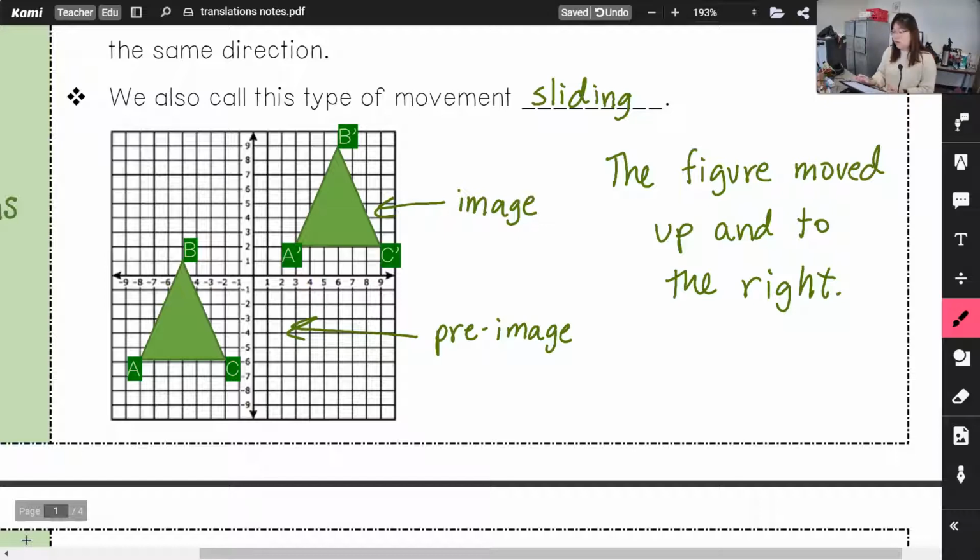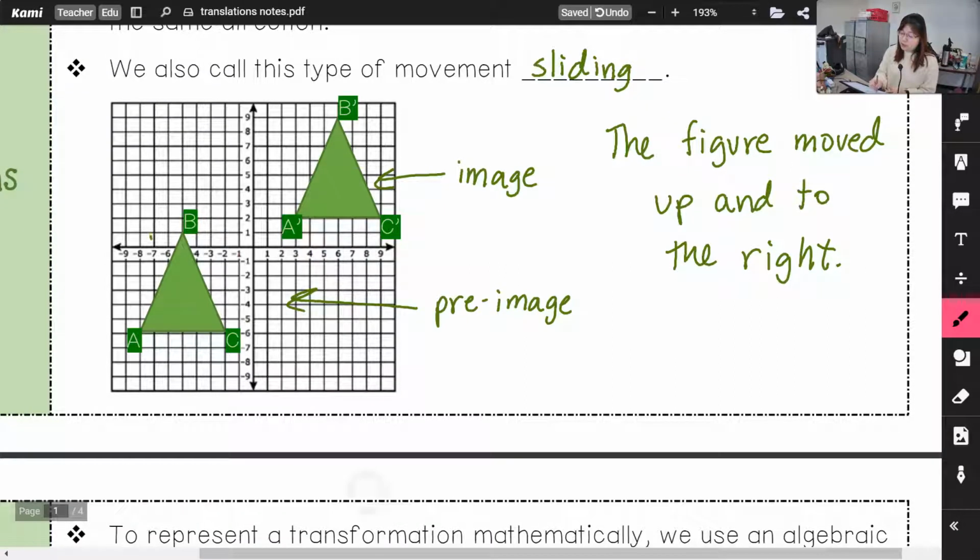Here in a little bit we're going to figure out a little bit more of the exact numbers of like how exactly did it move, how much did it move. But for now you can at least tell by looking at this that it went up and to the right, or to the right and up. There's always going to be 2 directions. There might be rare cases where it only moves up or something, but in most cases it's going to move up and down and left and right. Okay.